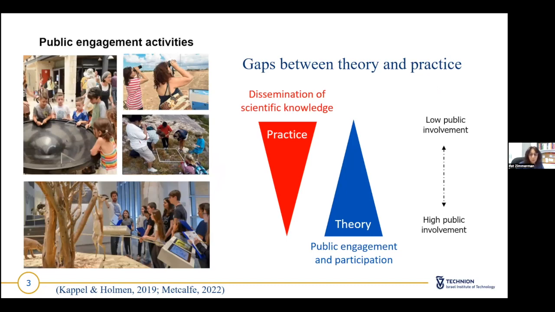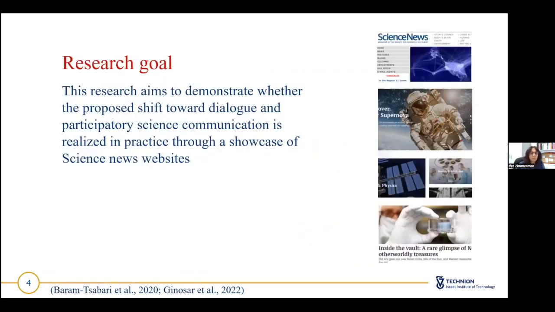Since different approaches to communicating science affect the public's attitudes, opinions, and engagement, it is important to explore the objectives and practices of those directly involved in science communication. This research aims to demonstrate whether the proposed shift toward dialogue and participatory science communication is realized in practice through a showcase of science news websites.